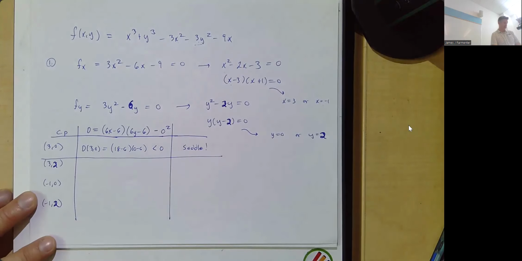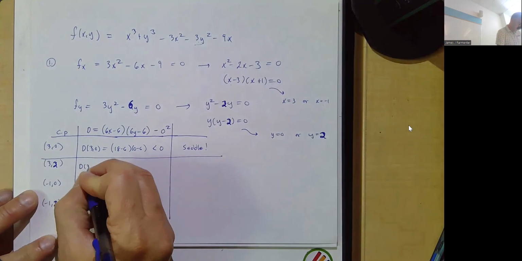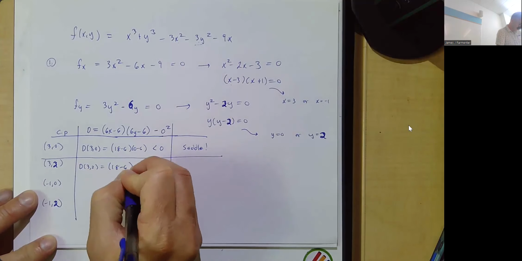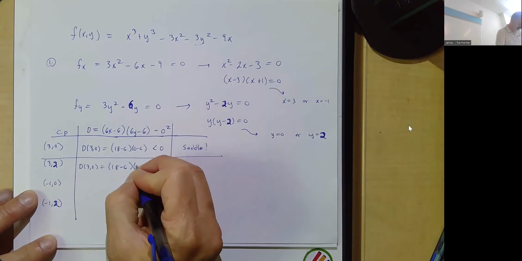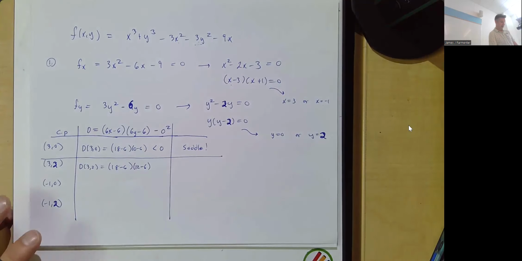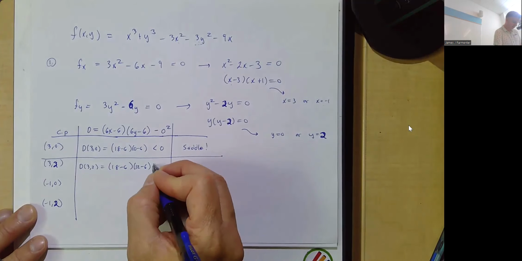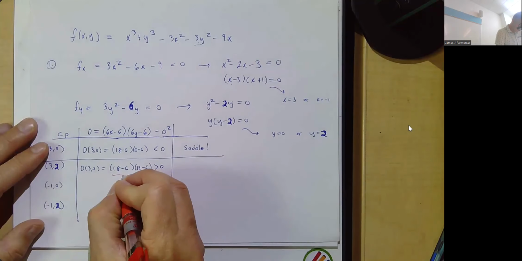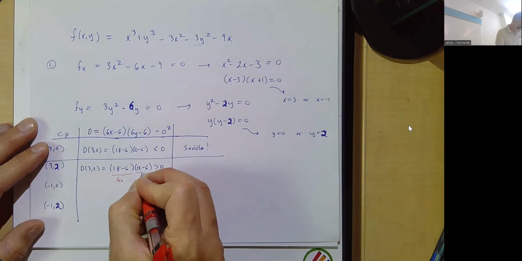For the next one, if I plug in 3 for x and 2 for y, I'm still getting 18 minus 6 for x. I'm now plugging in 2 for y and getting 12 minus 6. And 18 minus 6 times 12 minus 6 is positive. So now I go back and look at either fxx or fyy.